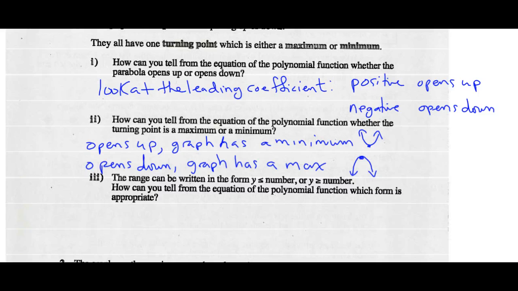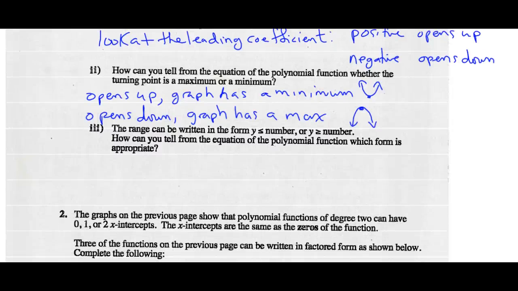The range can be written in the form y is less than or equal to a number or y is greater than or equal to a number. How can you tell from the equation of the polynomial function which form is appropriate? Well, if the graph opens up and we have a minimum, then our y values will all be greater than or equal to that minimum value.